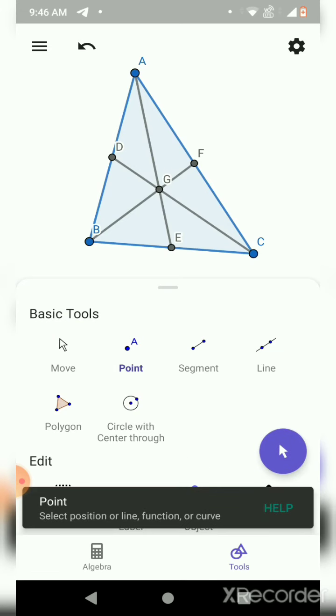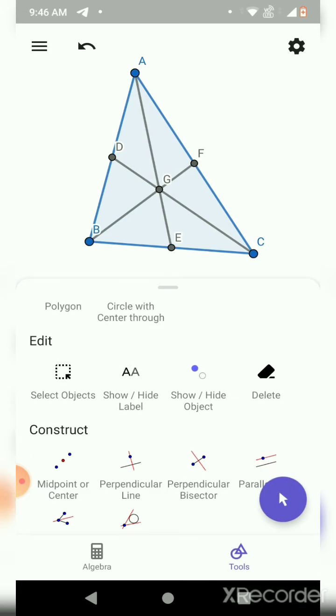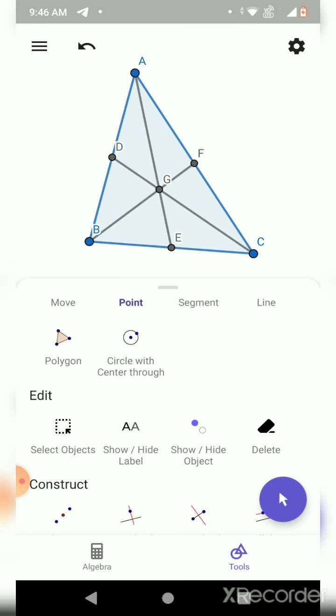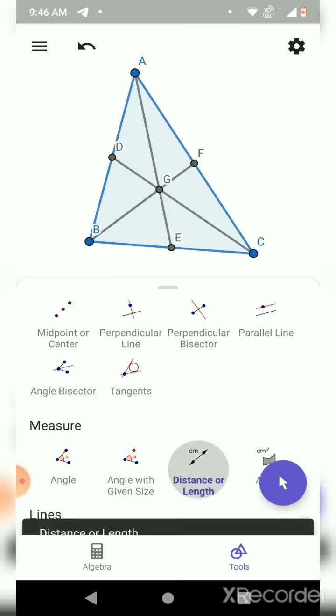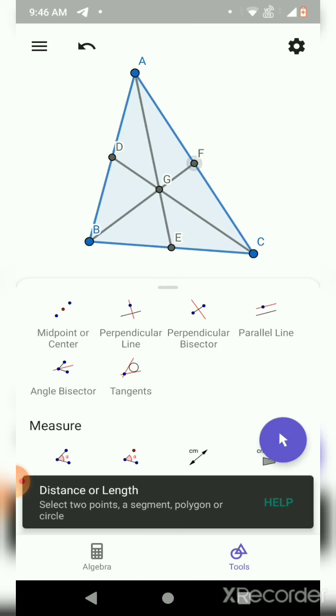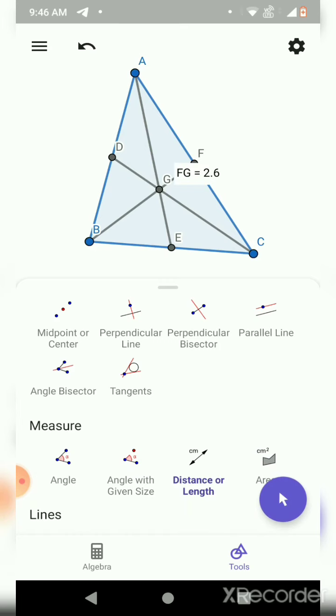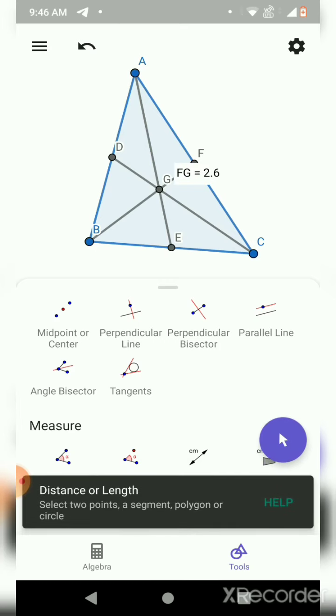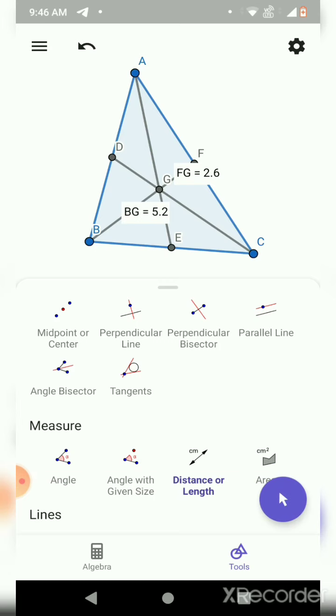Here is G. Now I will measure the distance of FG, it is 2.6, and now I will measure the distance of BG, it is 5.2. Okay, so here you can see the length of BG is twice of FG.